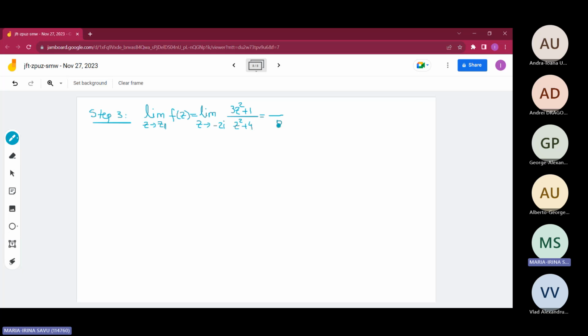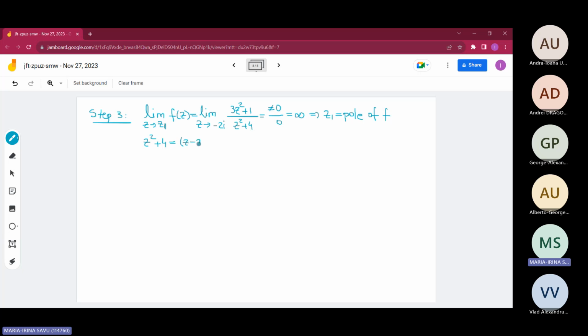Okay, and here is 0, of course. And here you have something which is not 0. And you will see that the limit is infinity. So Z1 is a pole. And in order to find the order of the pole, you have to write z squared plus 4 as a product.